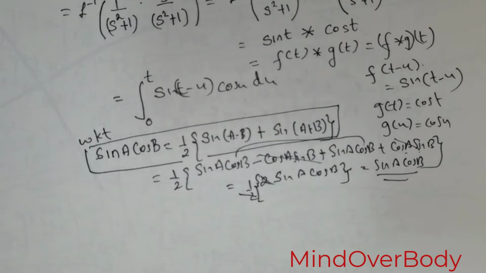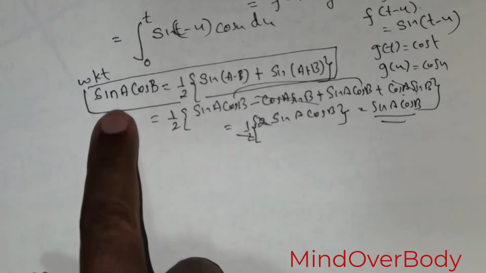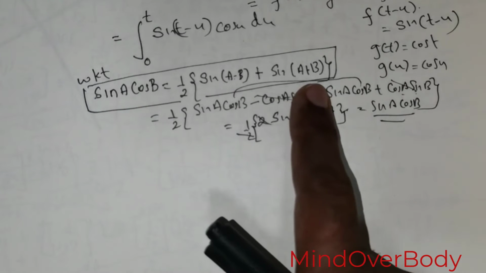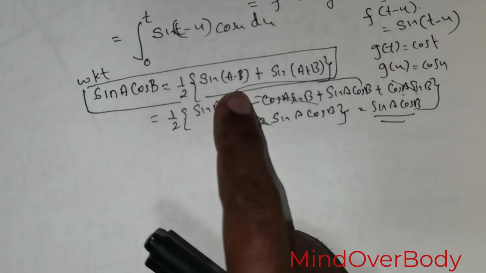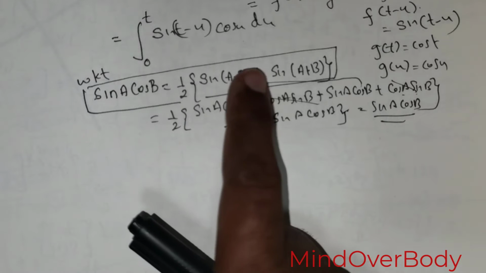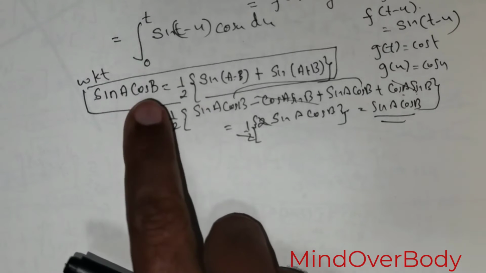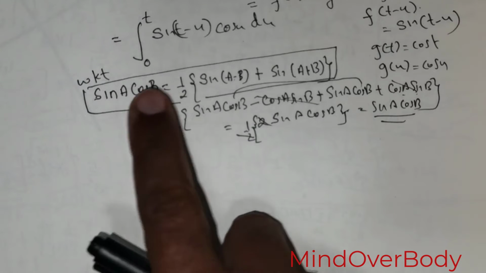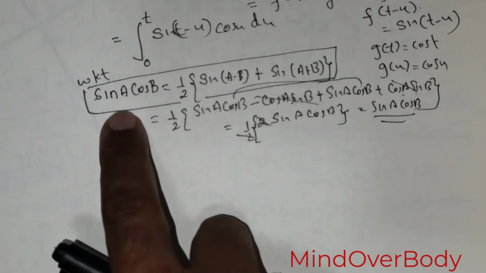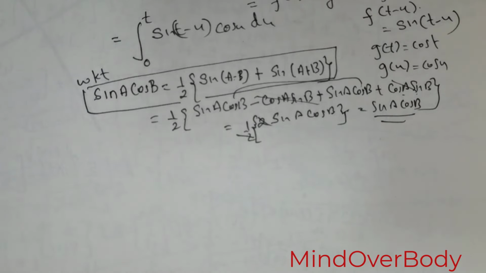What exactly are we doing? We're connecting a product with a sum. Why is it important? Specifically in integration, whenever you have trigonometric or exponential functions, one of the easiest ways to solve them is to convert the product form into sum form. It is as simple as that.